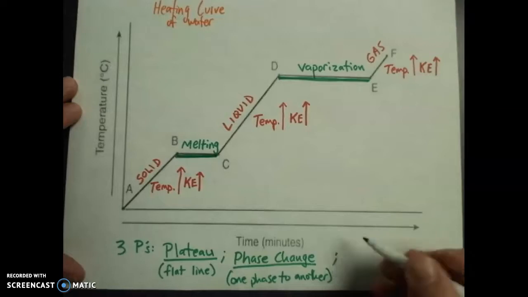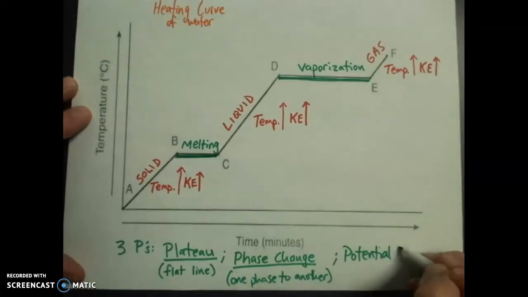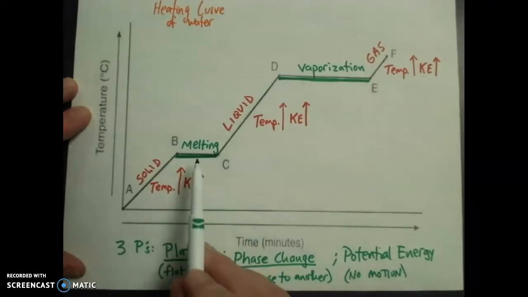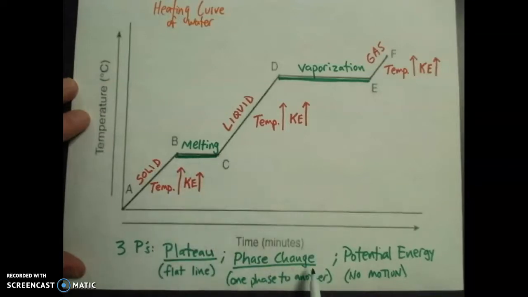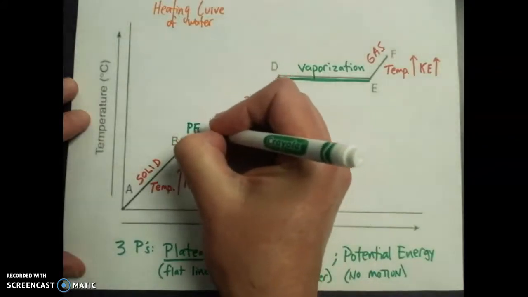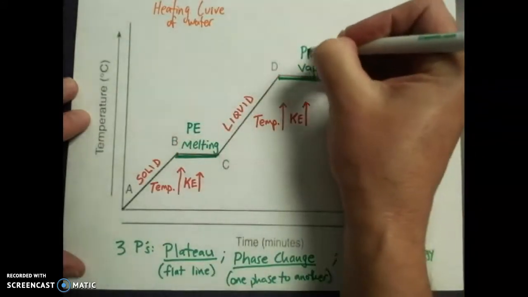And the last P is potential energy, no motion. So here in these green areas, we have flat line plateaus where phases are changing and the potential energy exists.